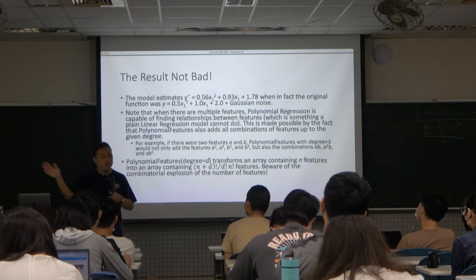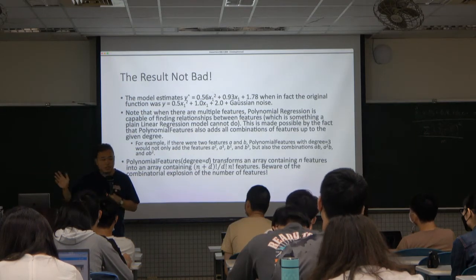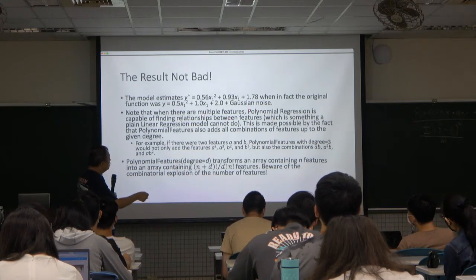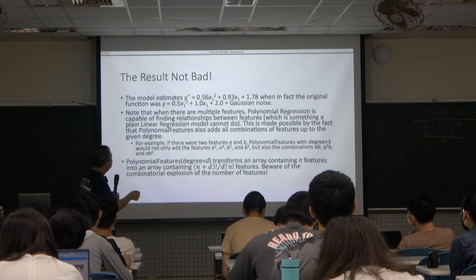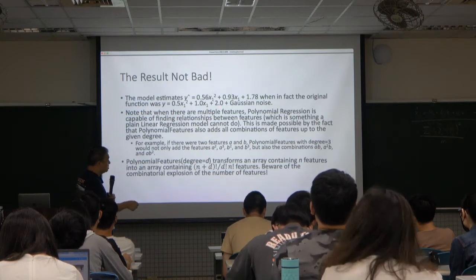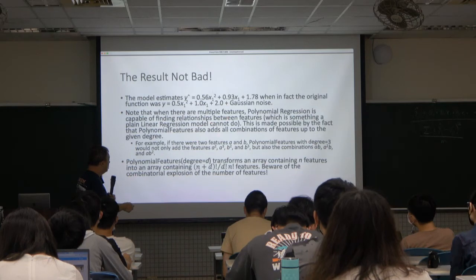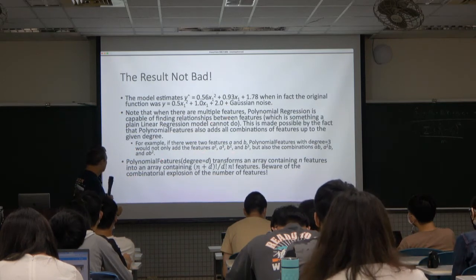All these intermediate terms. Polynomial regression will automatically generate all those terms for us, all the combinations of features up to a given degree.